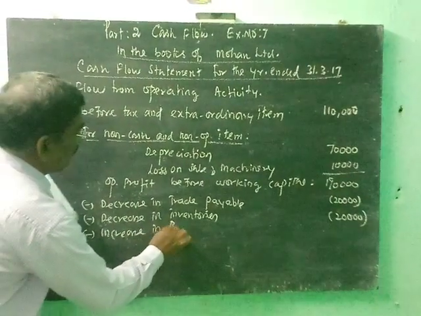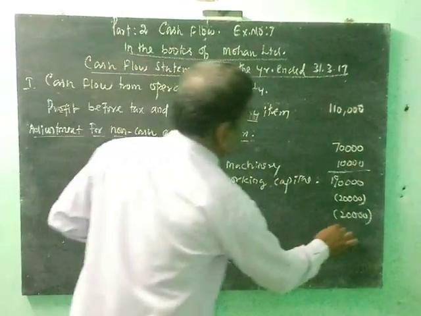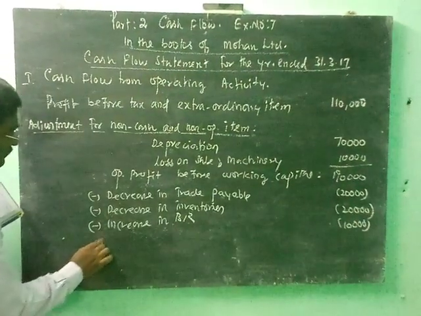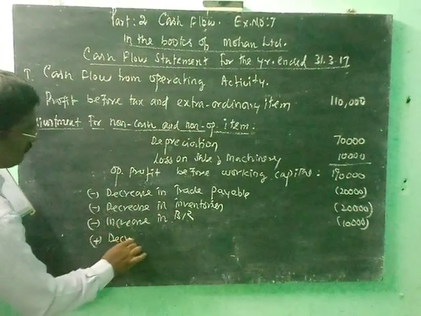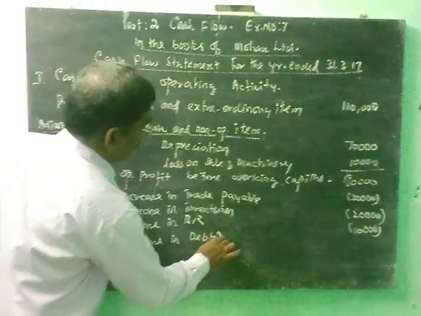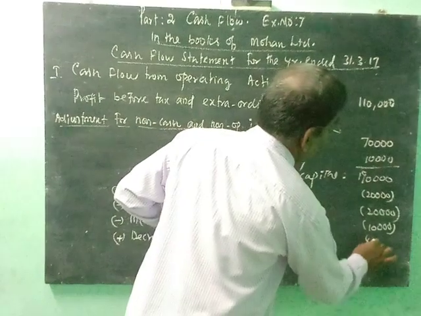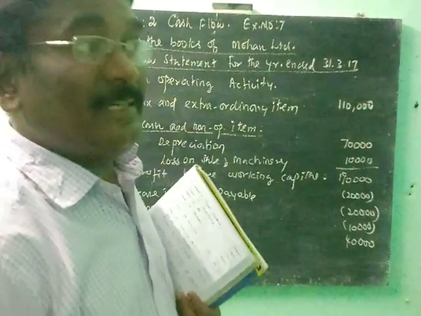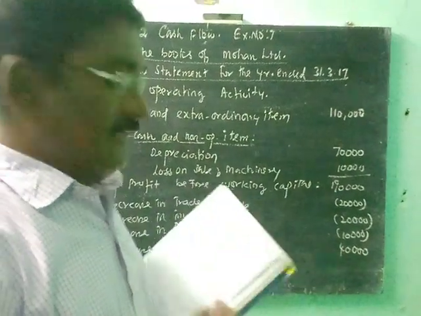Increase in bills receivable, 20,000. Decrease in debtors, 40,000. So decrease in debtors means amount collected from debtors. That is cash inflow.